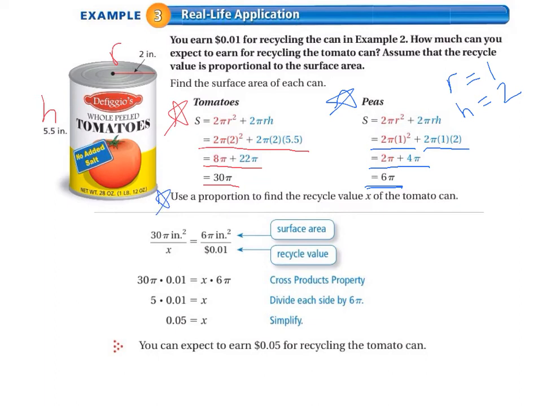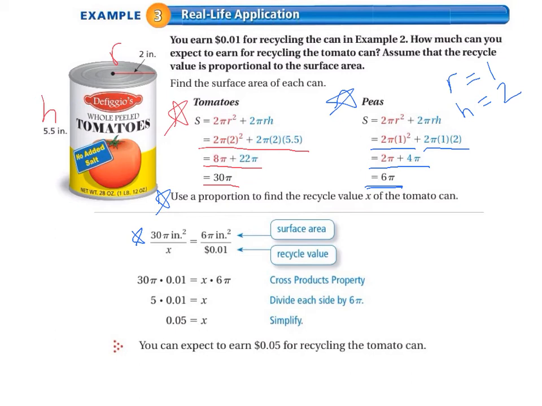Now use a proportion to find the recycle value x of the tomato can. Now we're using a proportion, which means we're going to have our surface area on the top. So on the left hand side, we have 30 pi, which is what we got for our tomato can for surface area.